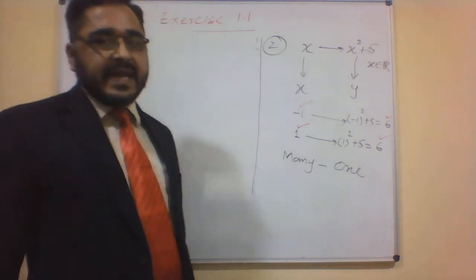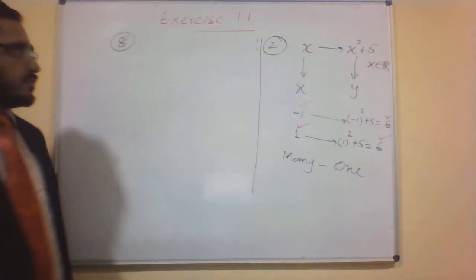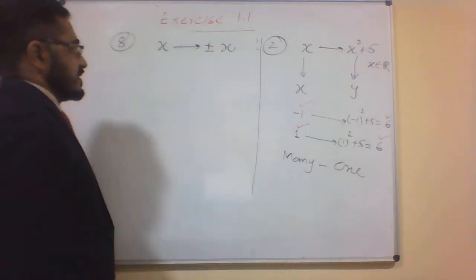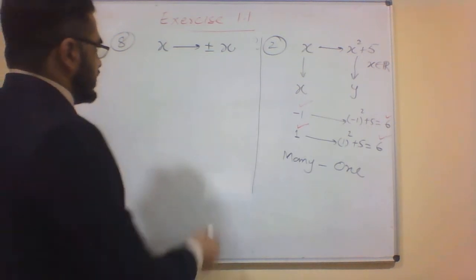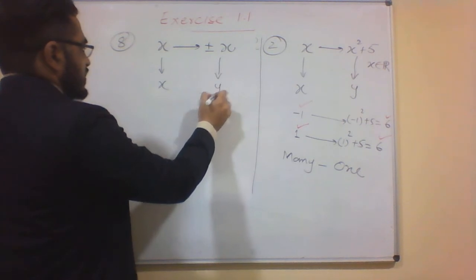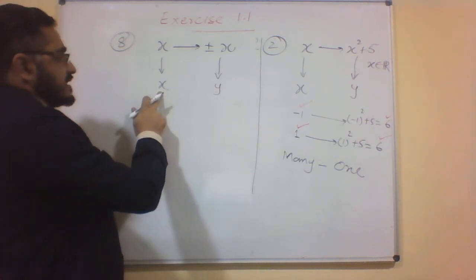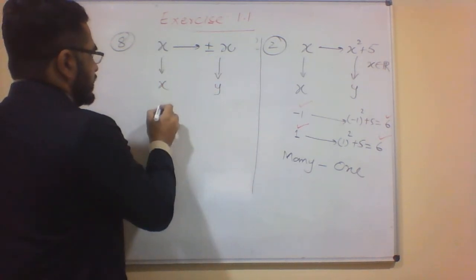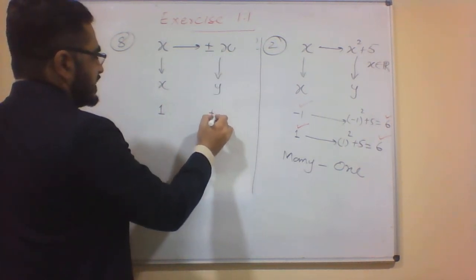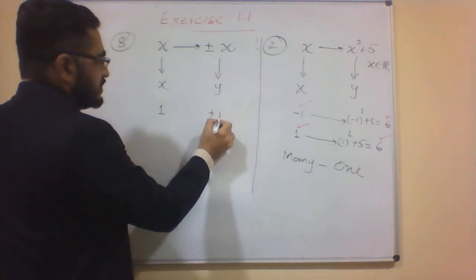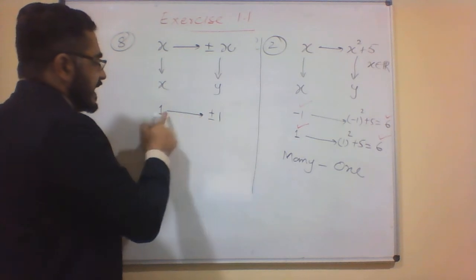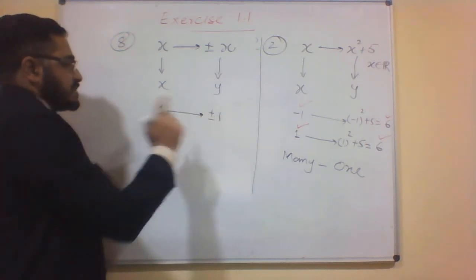In question number 8: x maps to plus minus x. Here this is the domain value and this is the range value. If we take x equals 1, we get plus minus 1.